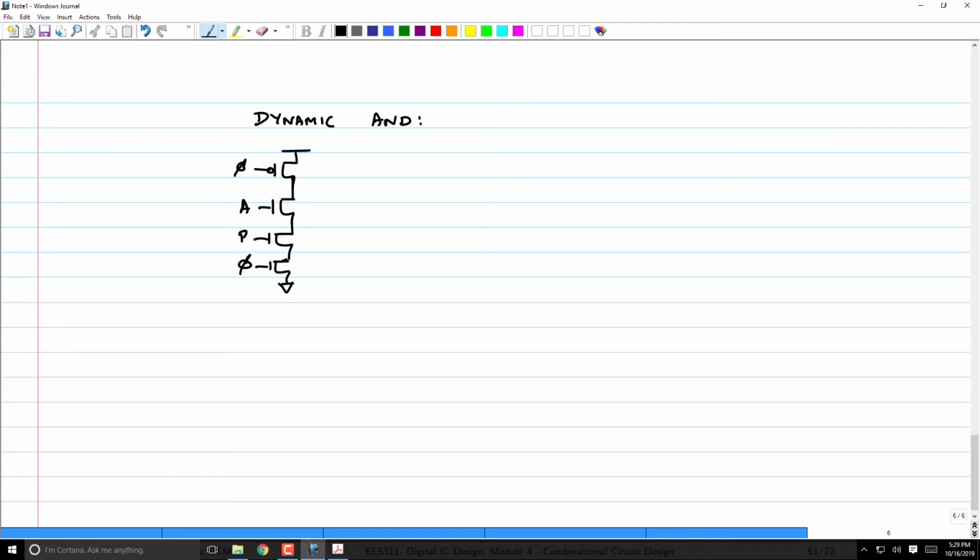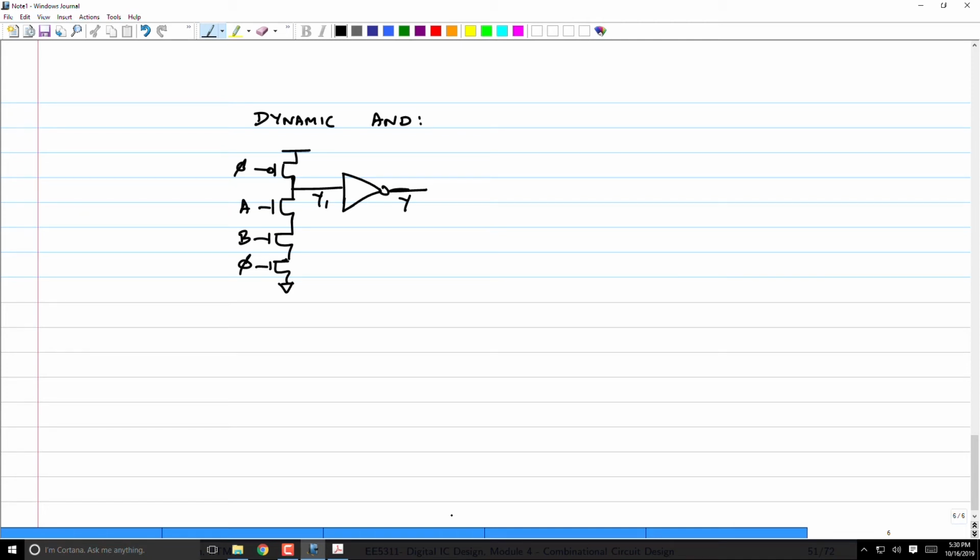A and B. Now here, instead of connecting a dynamic inverter, I will connect a static CMOS inverter. And then I can connect it to any dynamic gate after that. Why is that? Because now if A and B are monotone increasing, output Y1 will be monotone decreasing, but then the output Y here will again be monotone increasing, which is what is going to go to the next dynamic gate.